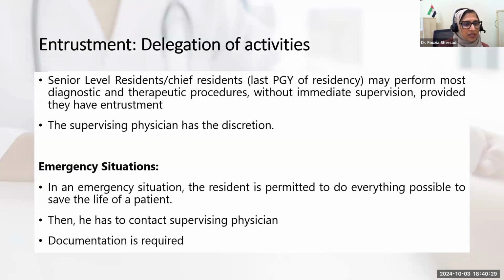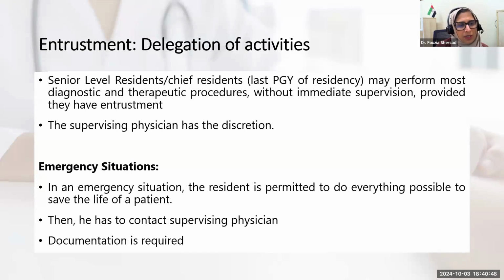And in some situations, you will find that in emergency situations, residents are permitted to do anything possible and everything possible to save the life of a patient. But he has to contact the supervising physician immediately after that, and documentation should be complete.